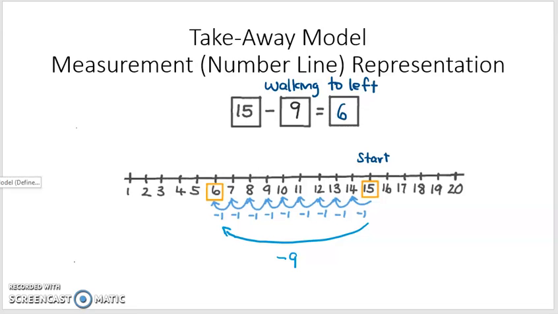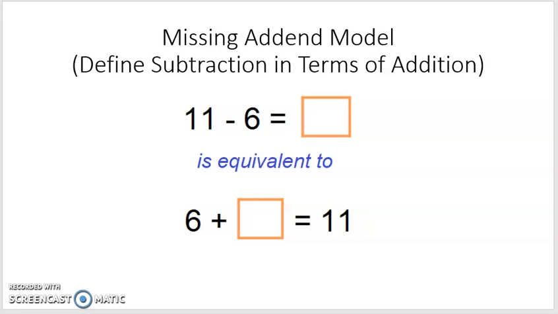All right, so that is the takeaway model. The second common model in subtraction, and this is one that's very useful because it connects or defines subtraction in terms of addition, is called the missing addend model. You start off with the expression 11 minus 6. What is 11 minus 6? What you do is you define that in terms of an addition problem.